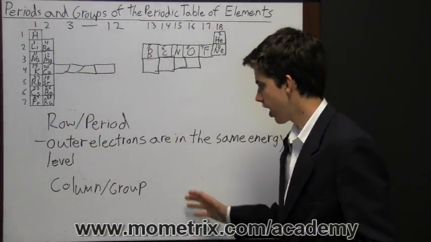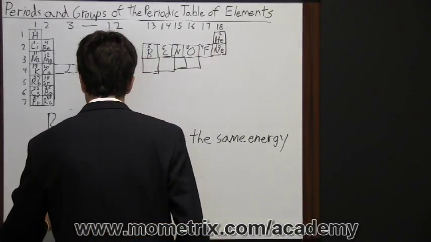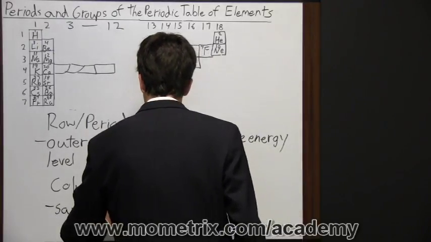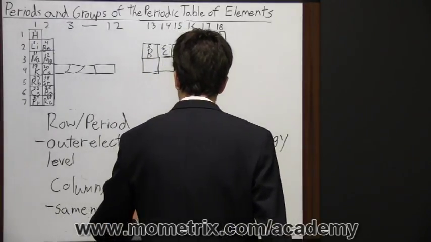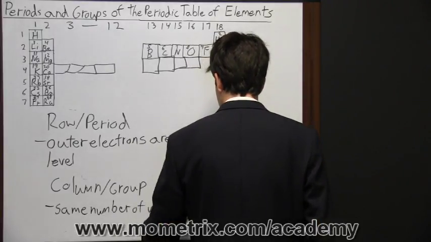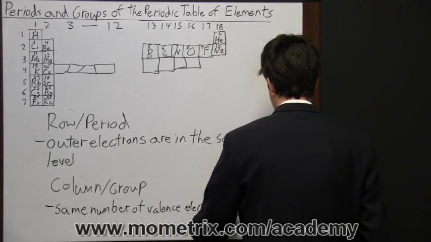What makes things in a column or group alike is that they have the same number of valence electrons in the outer shell.